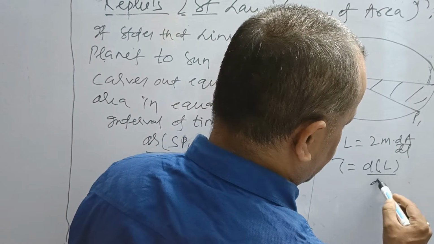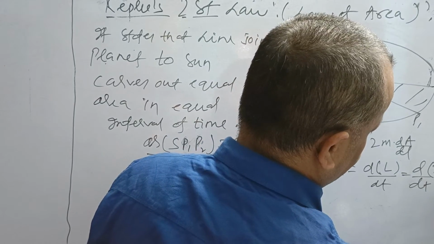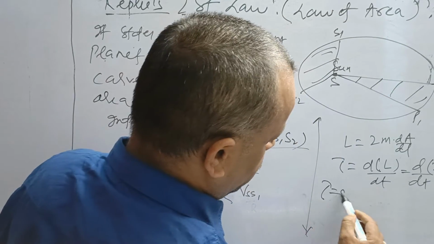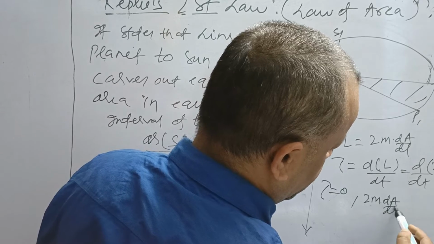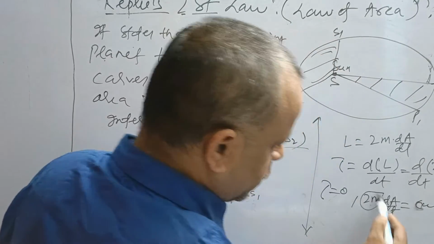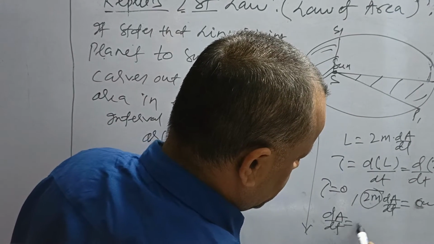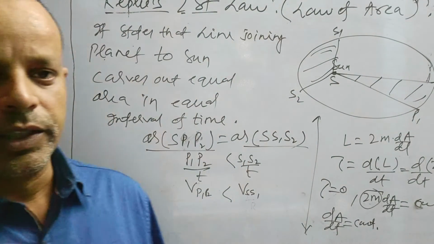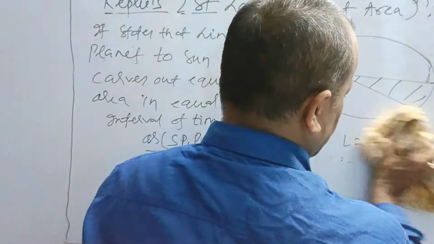Torque is delta L by delta t, so when torque is 0, 2m into delta A by delta t is constant. The mass is constant, so delta A by delta t is also constant. So it is proved that the line joining planet to sun carves out equal area in equal intervals of time.